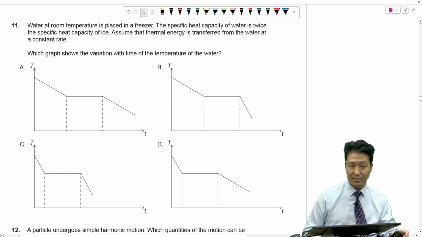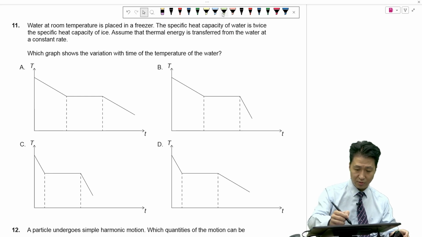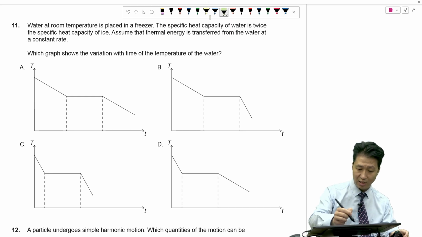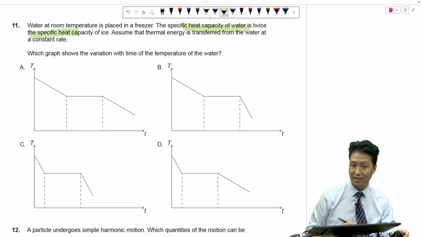Question number 11. It reads that water at room temperature is placed in the freezer. The specific heat capacity of water is twice the specific heat capacity of ice. Assume that the thermal energy is transferred from the water at a constant rate. Which graph shows the variation with time of the temperature of the water? So the only hint here is the heat capacity of water is 2 times the specific heat capacity of ice.